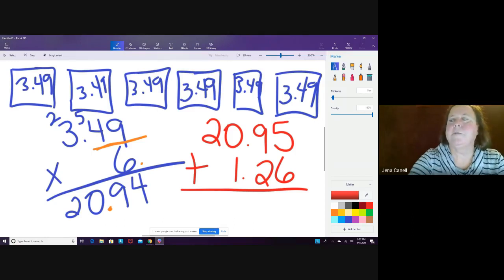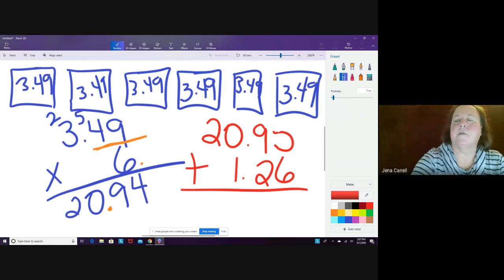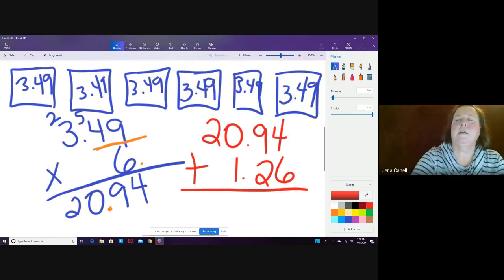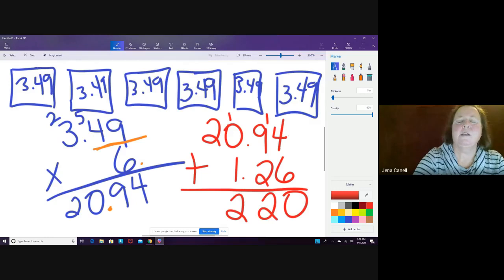I'm sorry. This is supposed to be a 4 right there. Okay. 6 plus 4 is 10, with a carry of 1. 9 plus 1 is 10, plus 2 is 12. Carry the 1. 1 plus 1 is 2, and 2 plus 0 is 2.